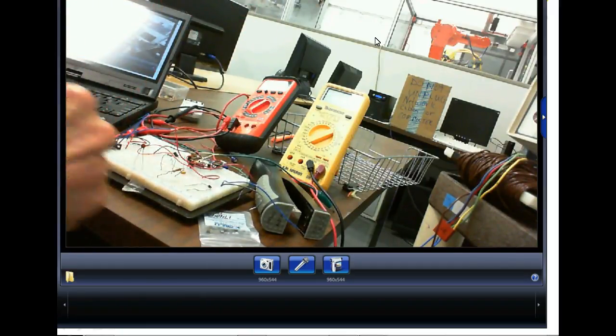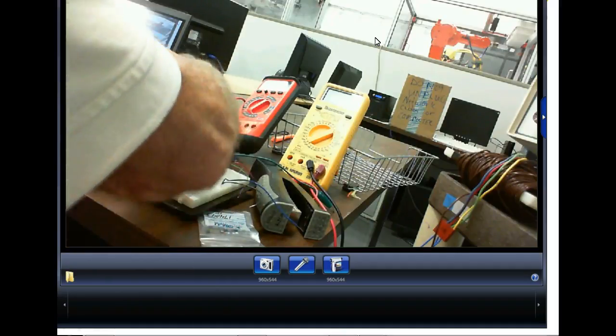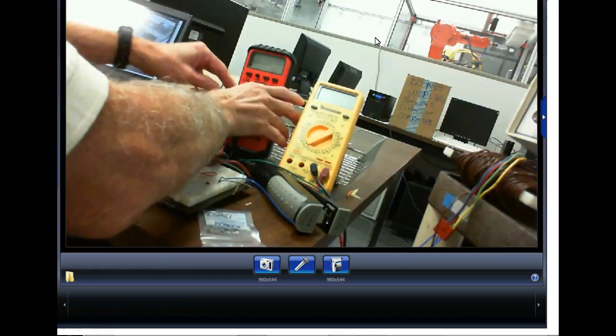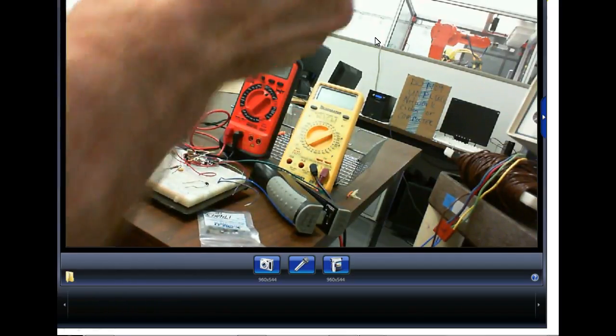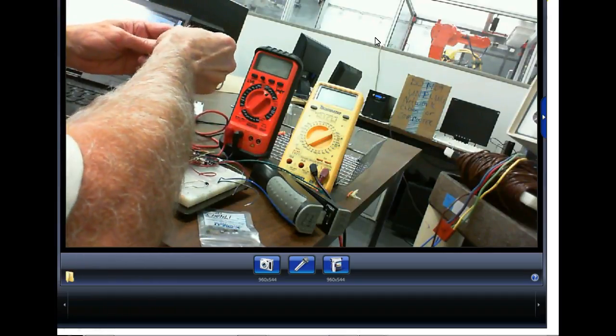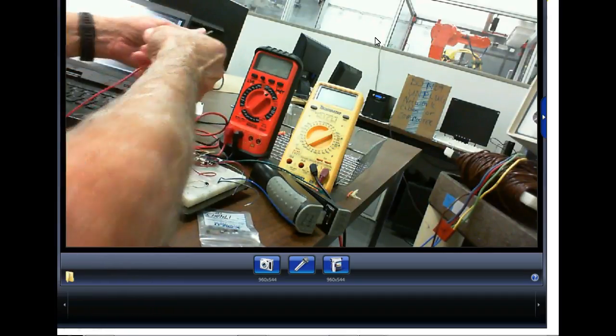And we'll hook this up. I disconnected my other one. Okay. Hopefully I hooked up the right leads. I'll do that over.